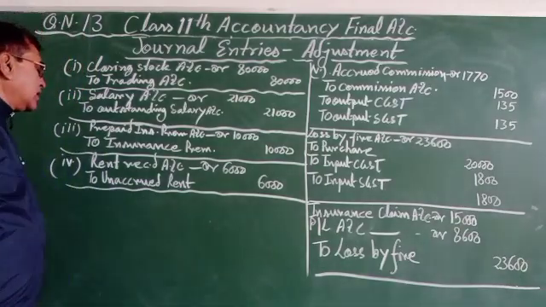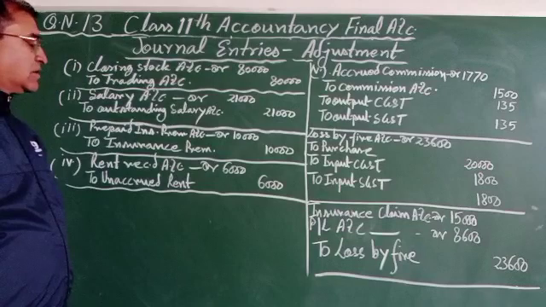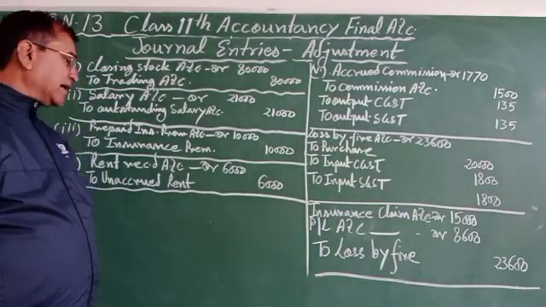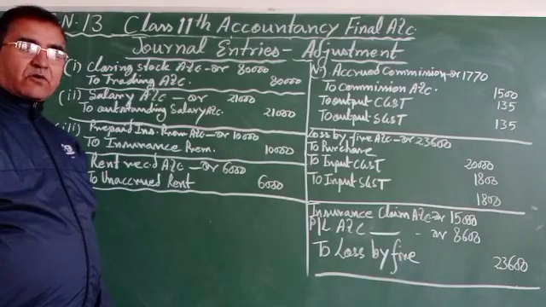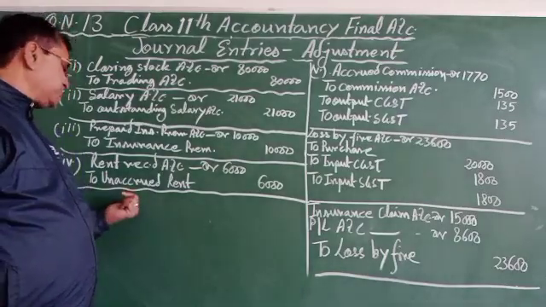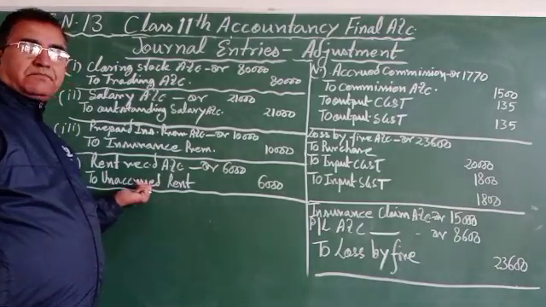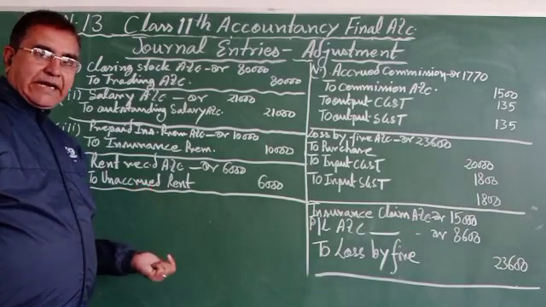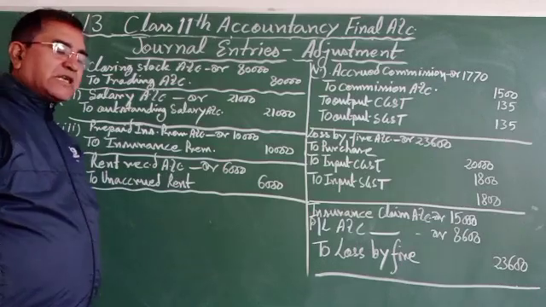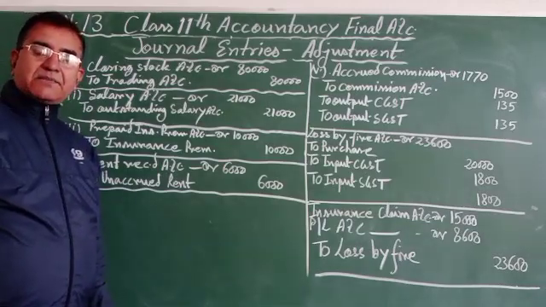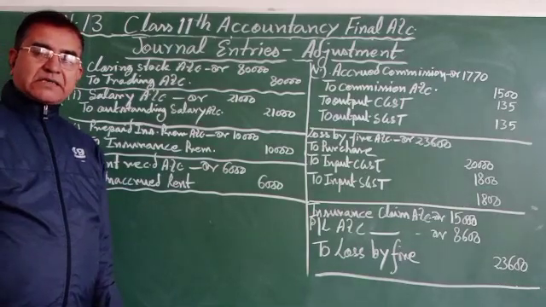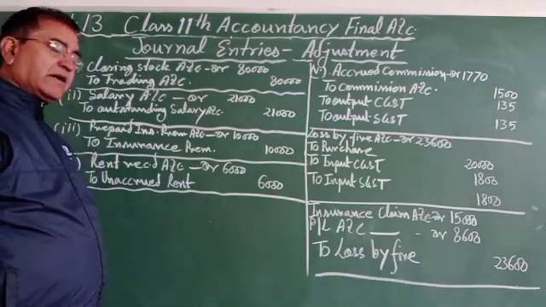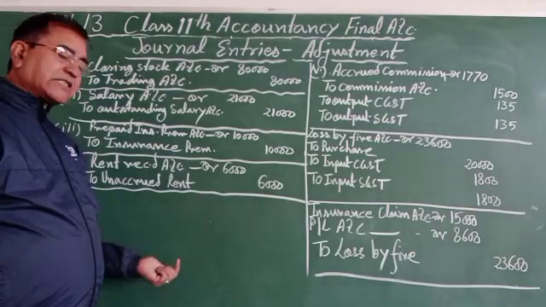And fourth one, rent received in advance, that is given 6,000. So this one is the unaccrued rent, means unaccrued income. I mean to say the income received in advance, but the services have not been provided, related to the next year.